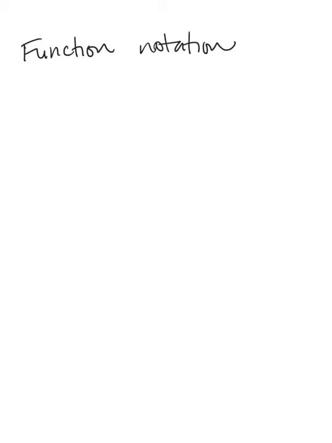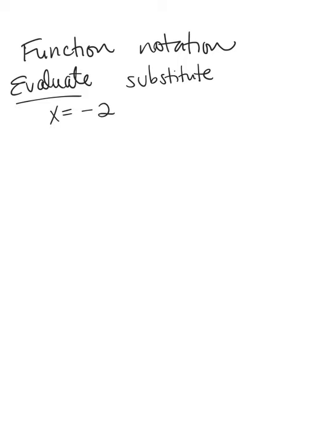So this is called function notation. Notice at the top of your paper, it says evaluate. Does everyone see that word? Evaluate means substitute. Do you see where it says x equals -2? So part A, at the very top, says this.